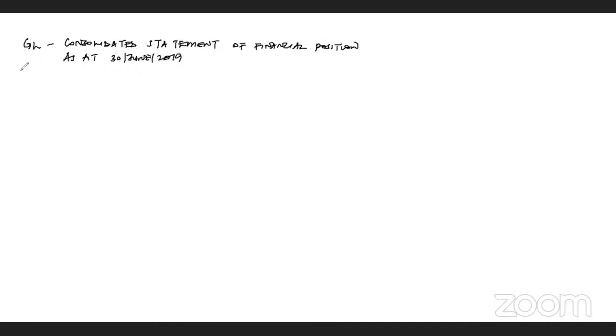So this is our heading. So we have shillings millions, where we have non-current assets.